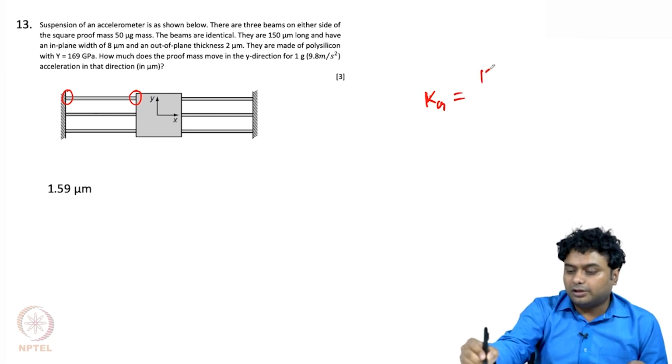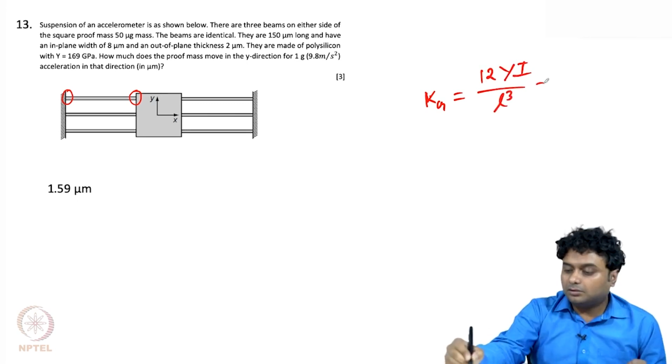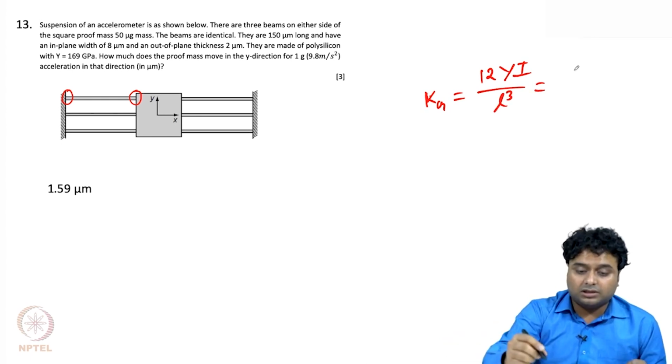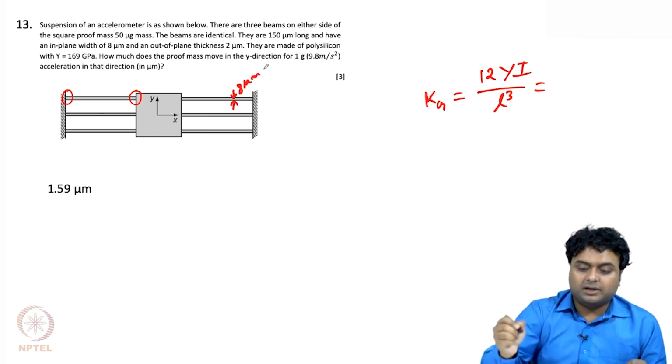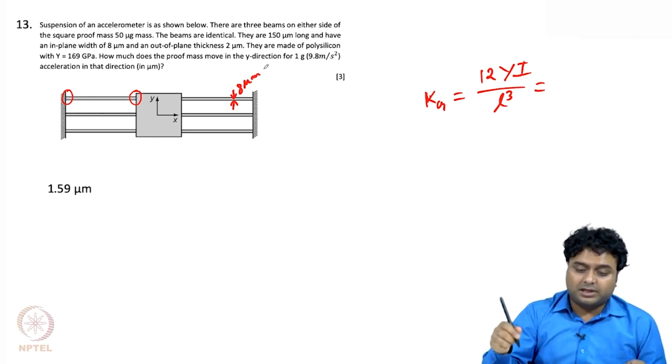The stiffness constant we know already, 12 YI by L cube, where I equal to bh cube by 12, and here you need to see that the out of plane thickness is 2 micron, and in plane width is 8 micron, meaning this is 8 micron. In plane width is 8 micron, and out of plane thickness is 2 micron.